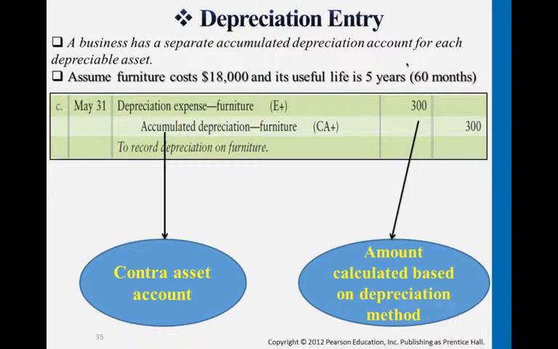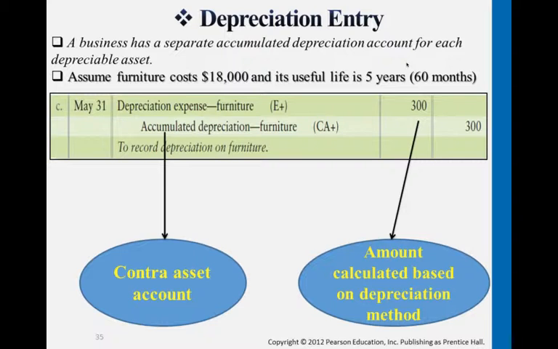Under the expense side, you have depreciation expense, also $300. These two refer to this transaction: debit depreciation expense, credit accumulated depreciation. Altogether, this represents that the $18,000 furniture no longer has the value of $18,000.